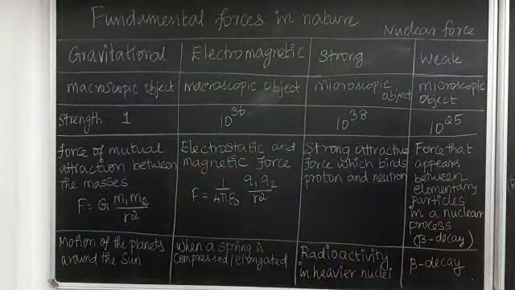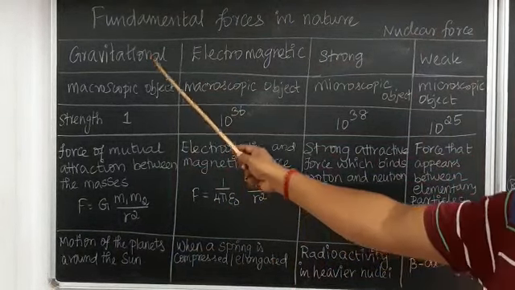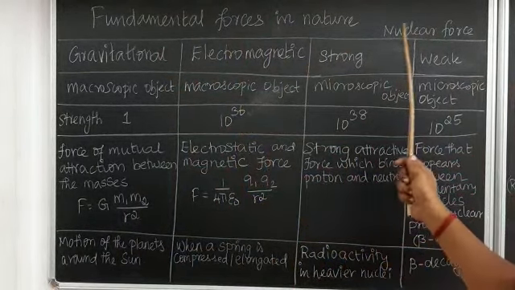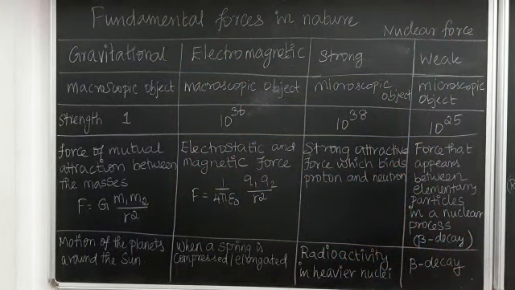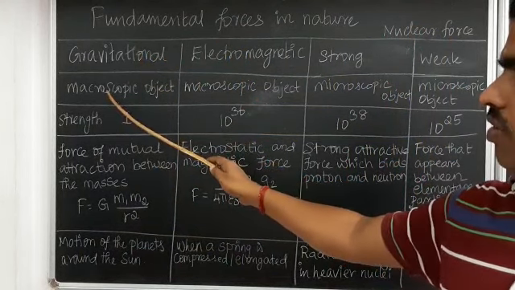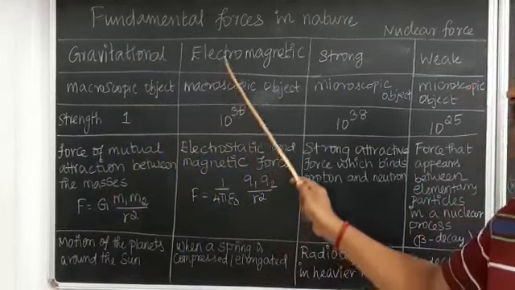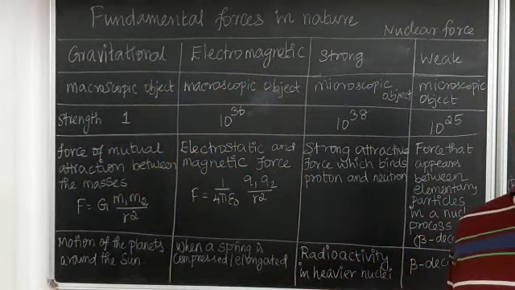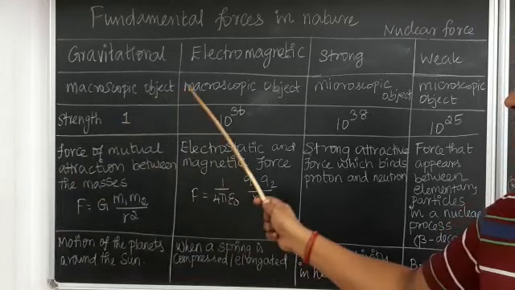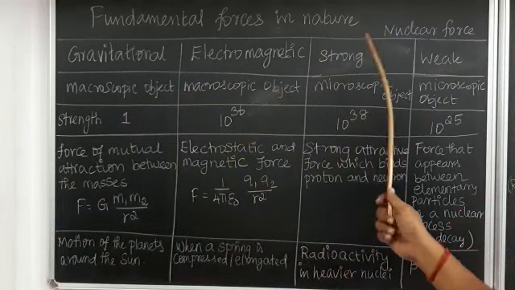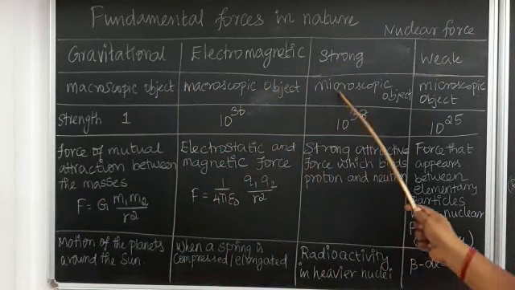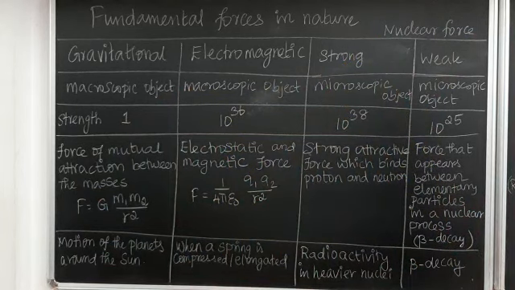Here we have the gravitational force, electromagnetic force, strong nuclear force, weak nuclear force. Gravitational force is the force between macroscopic objects, and electromagnetic force is also a force between macroscopic objects. And strong nuclear force is the interaction between microscopic objects, protons, neutrons, electrons.